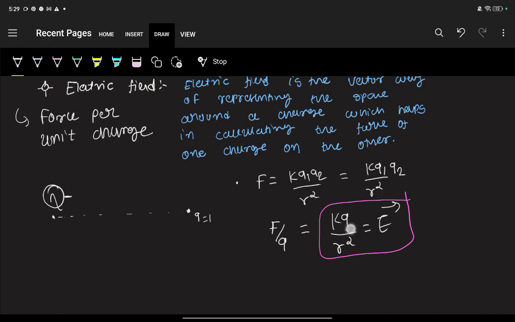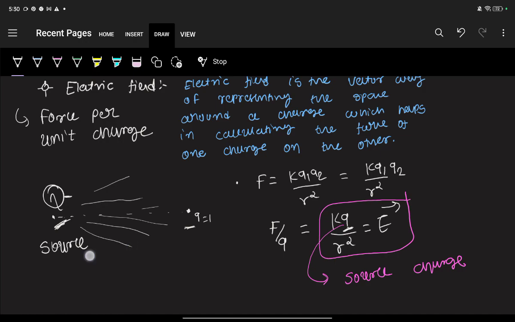Understood? And what charge is this? This is the source charge. And what is the physical significance of electric field? If you remove this charge, whatever remains in the vicinity of the charge is our field.